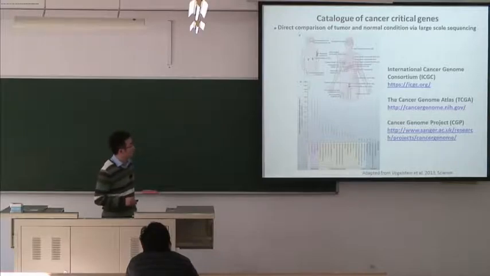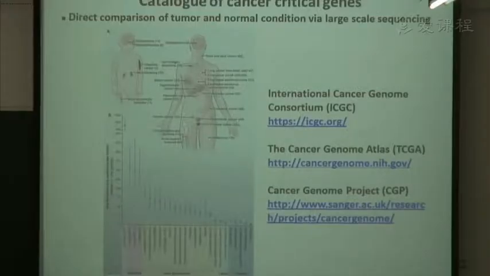This is what the International Cancer Genome Consortium is doing or has done. And then there is the American sequencing consortium called the Cancer Genome Atlas, and in the United Kingdom, the Cancer Genome Project. They are all doing similar things.